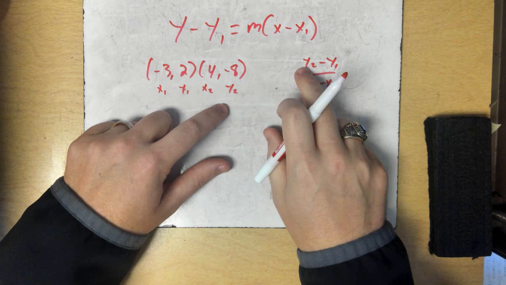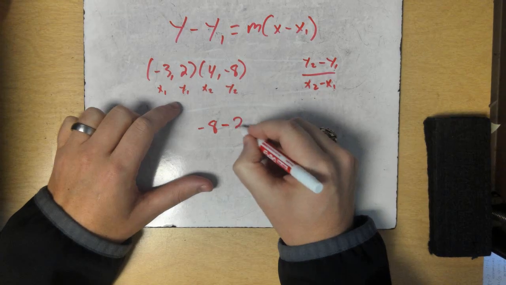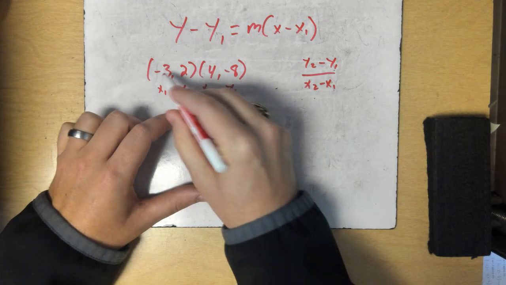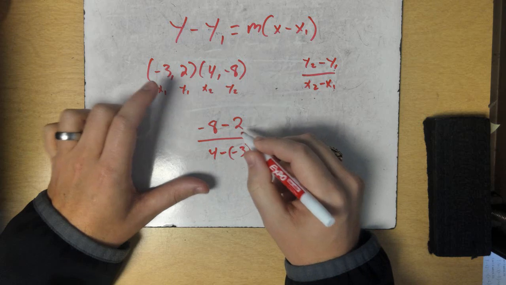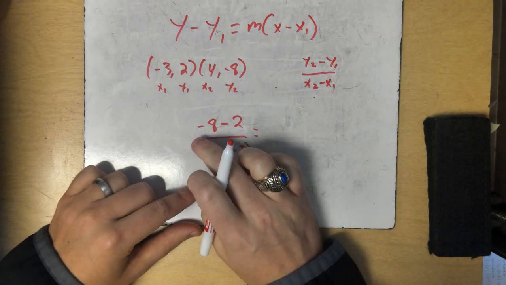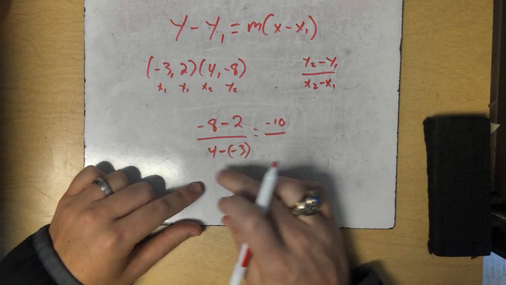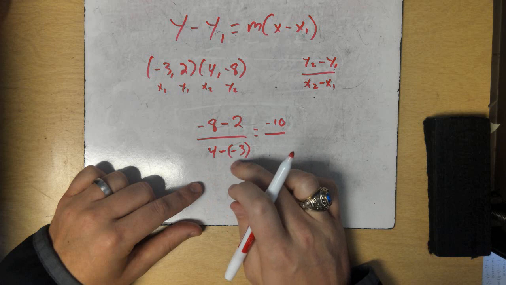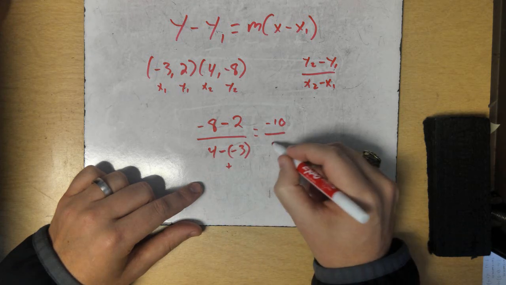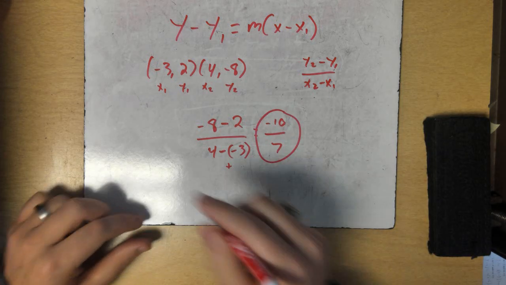Our y2, starting off, is -8 minus our y1, which is 2, over x2, which is 4, minus our x1, which is a -3. Remember, it's a minus and a negative. Keep them both here. So let's solve. -8 minus 2 gives us a -10, and then 4 minus -3. Remember, this turns into a positive, so 4 plus 3 would be 7. Can't reduce this. We're going to leave it just like that. -10 over 7. That's our m.